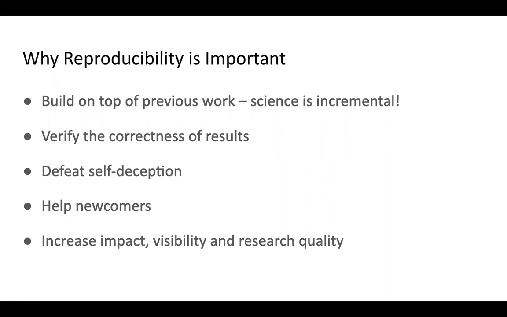Reproducibility also helps newcomers get started or pick up a project. And if you are new to the field, you can more easily learn the methods by reproducing someone else's work. And reproducibility increases research impact, visibility, and quality.